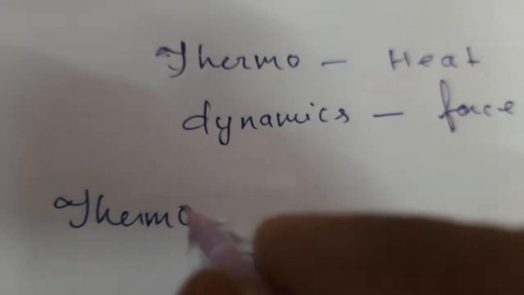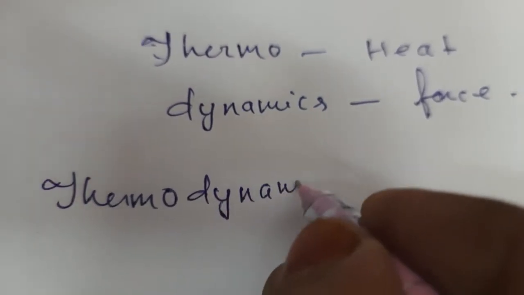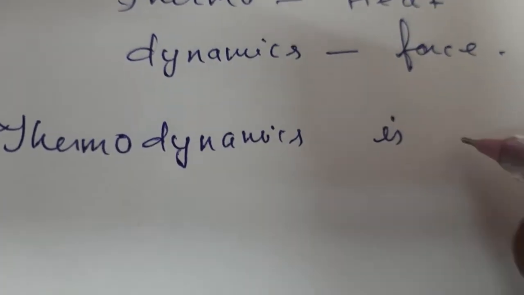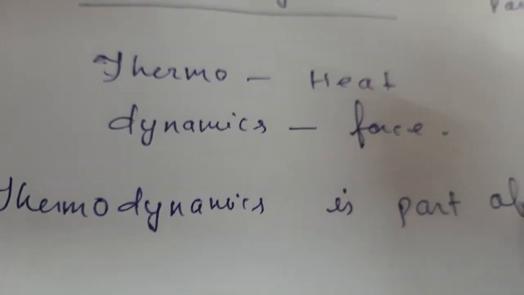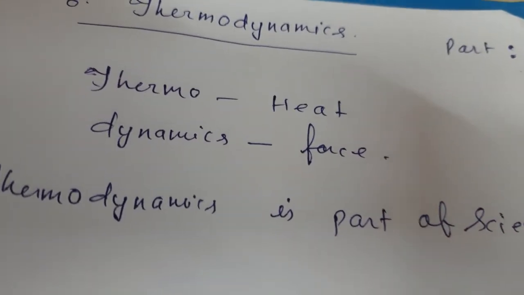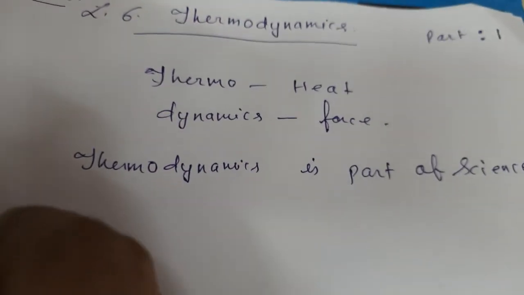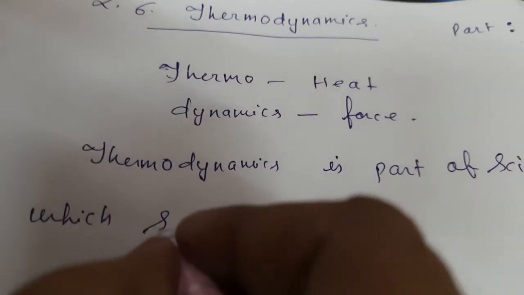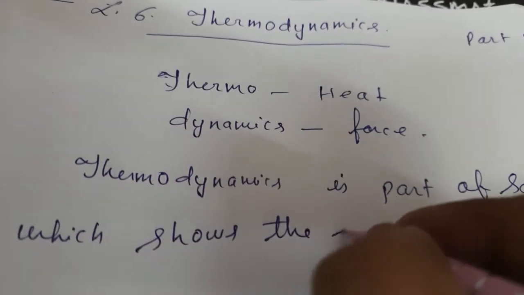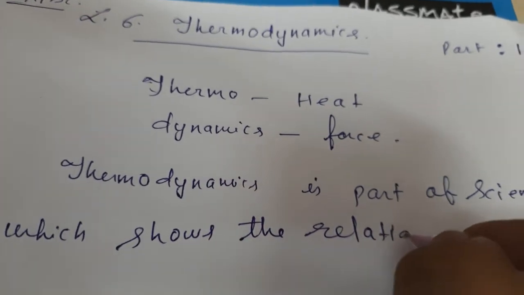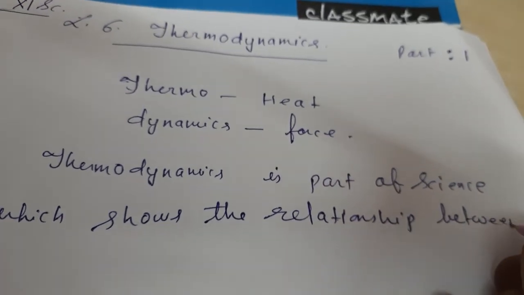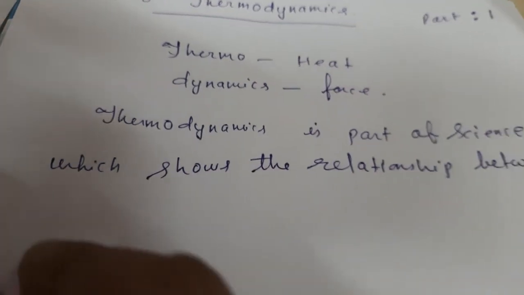So in this chapter, can I write here the definition? Thermodynamics is the part of science which shows the relationship between heat, work, temperature and energy.